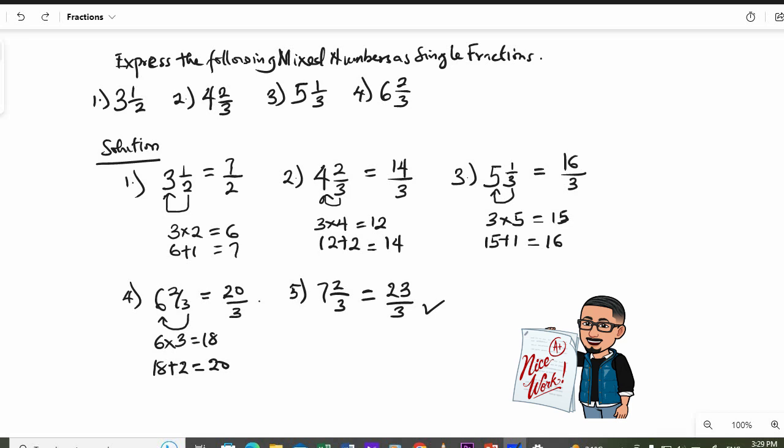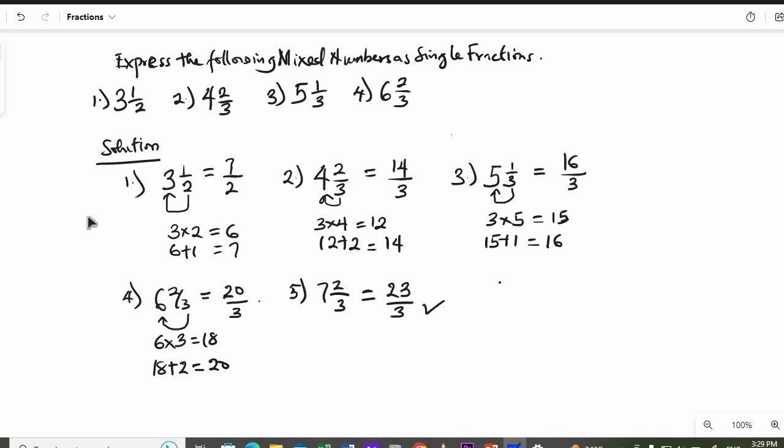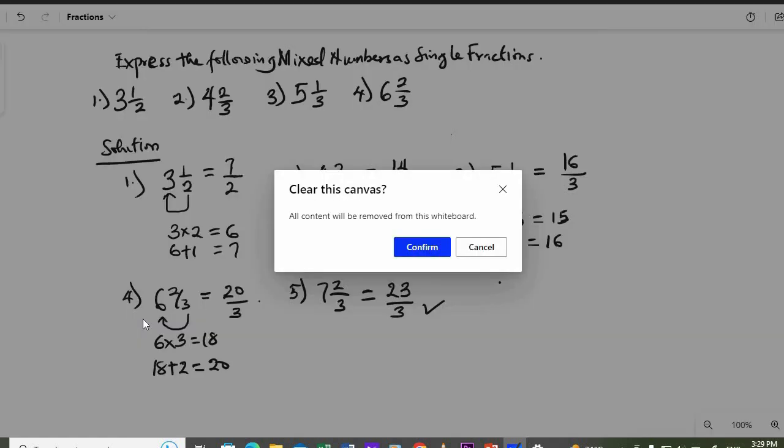So great job. Now we want to look at the other part, where we learn how to change single fractions to mixed numbers, so we're just going to clear this.